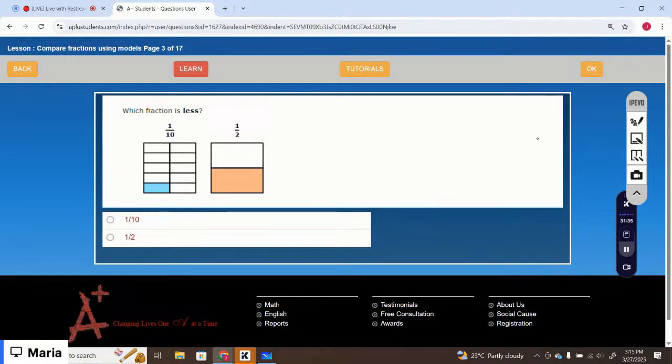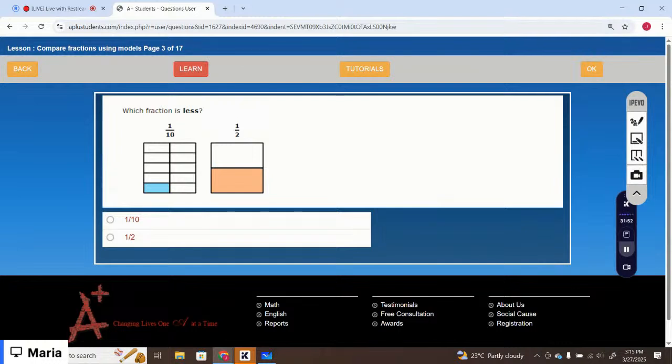Which fraction is less? 1 by 2, 1 by 10. So 1 by 10 is less than 1 over 2.